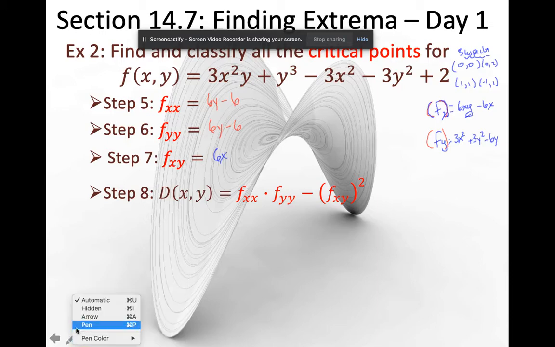Here's that fancy formula, and I just like it written like this a little bit better, right? You're going to take your second derivative with respect to x, multiply it times the second derivative with respect to y, and subtract the second derivative of x with respect to y, and you're going to square it.